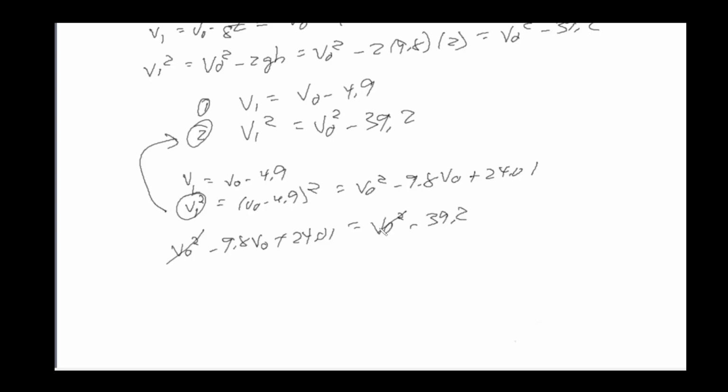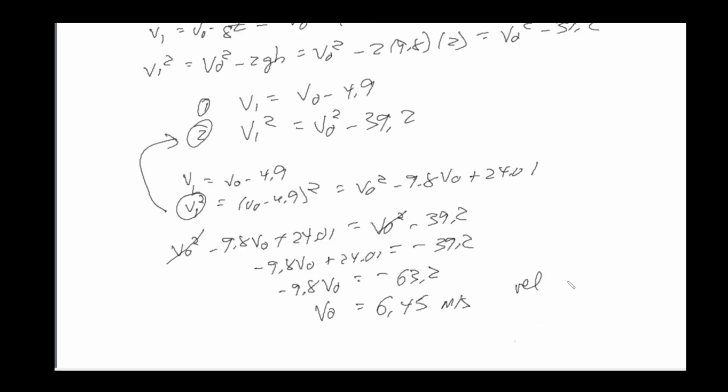The v0 squared terms cancel, and we get minus 9.8 v0 plus 24.01 equals minus 39.2. Bringing the 24.01 to the right side, we get minus 9.8 v0 equals minus 63.2, or v0 equals 6.45 meters per second. This is the velocity at the bottom of the window.